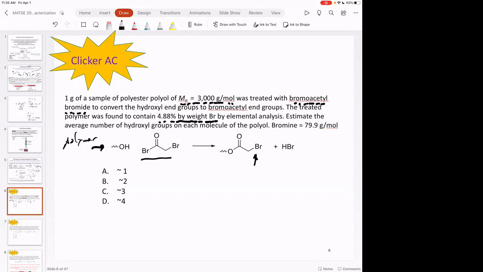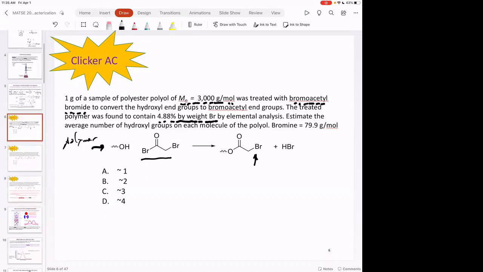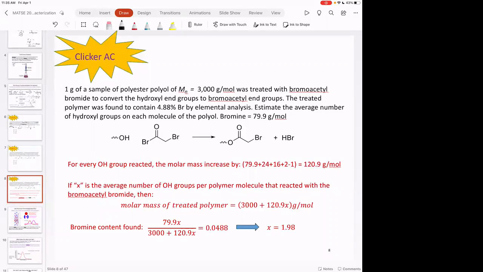Okay, so we have this. So I'm going to walk you through this, and then we'll talk about what the answer is. And so for every OH group reacted, the molar mass increases by this amount. So we subtract 1 because we lose a proton, right? We lose this thing. And then we add this.